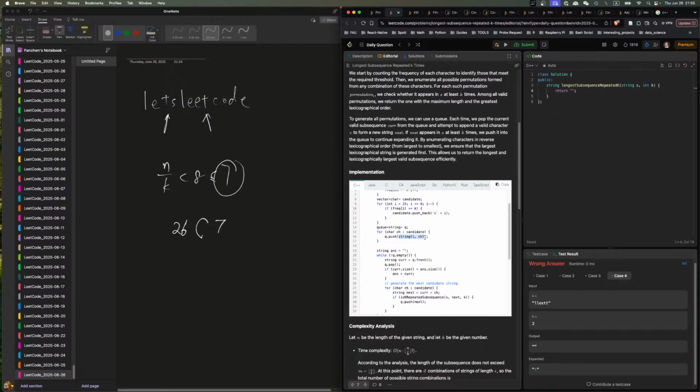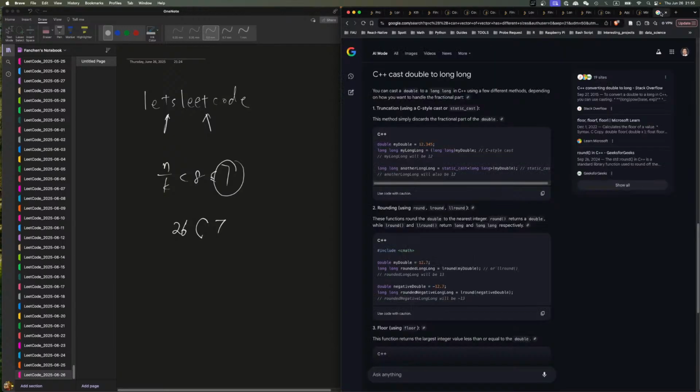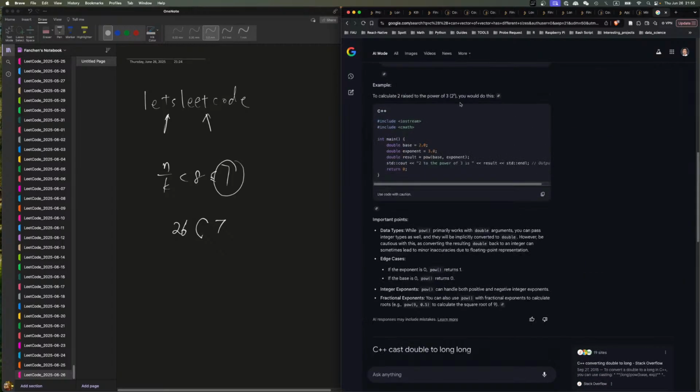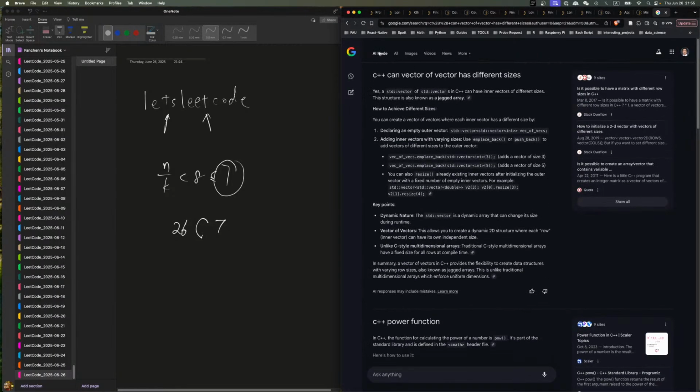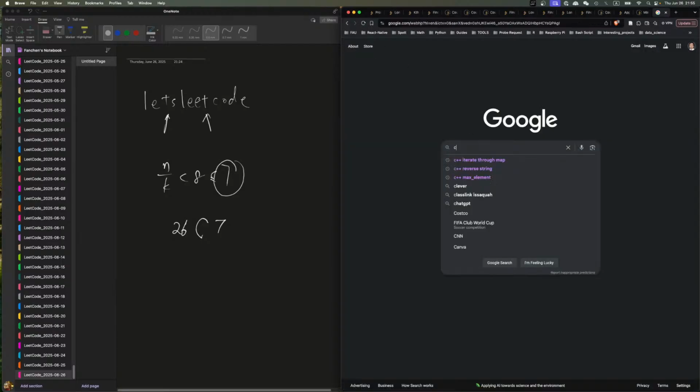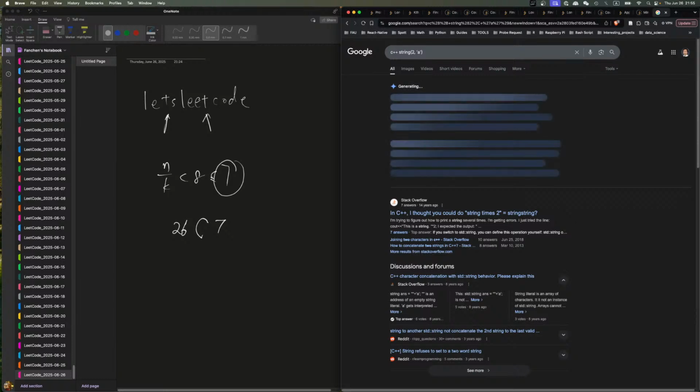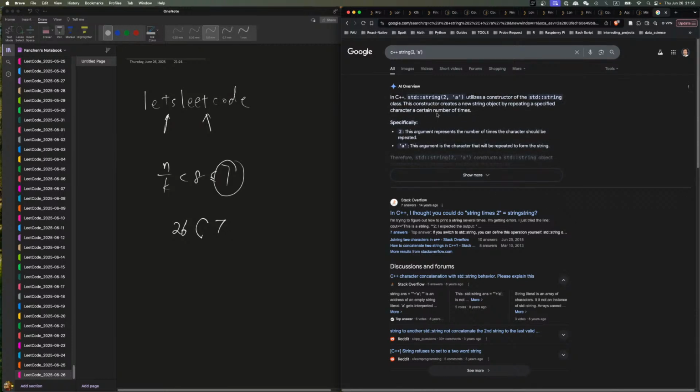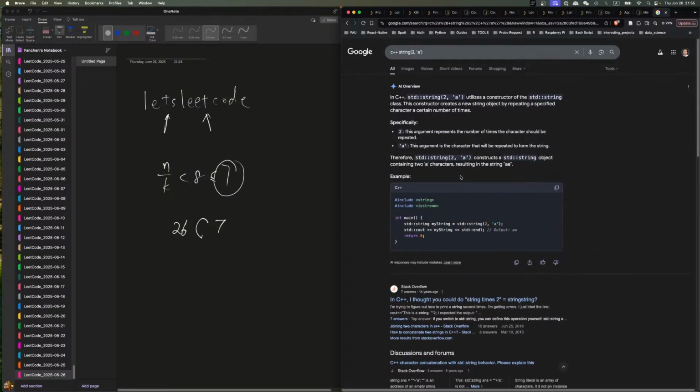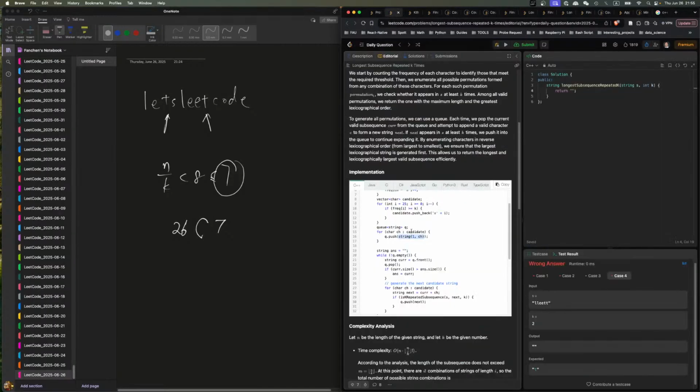What string is string 1? What does this mean? Repeating a specific character a certain number of times. Anyway, it's just each character, each candidate repeated once.